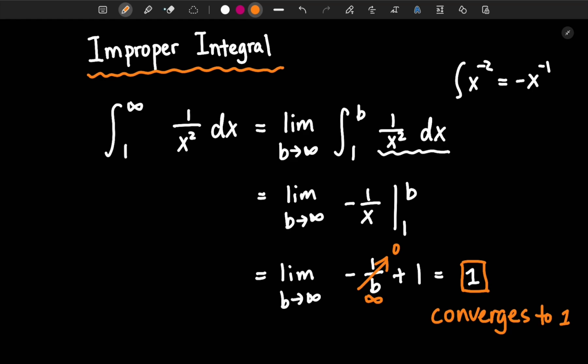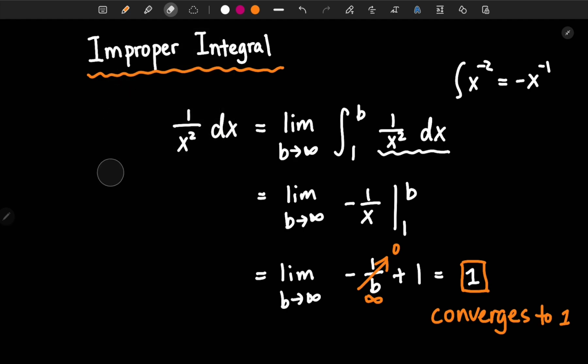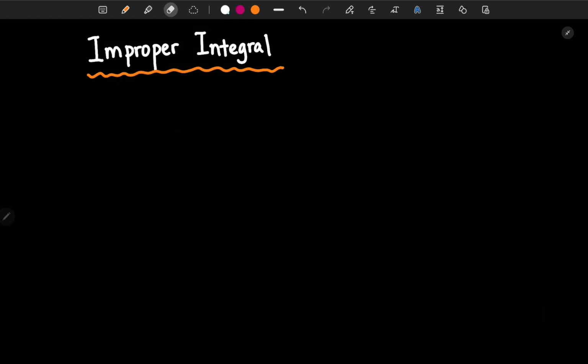And let's look at a diverge example. First step, let's rewrite it in terms of a limit.